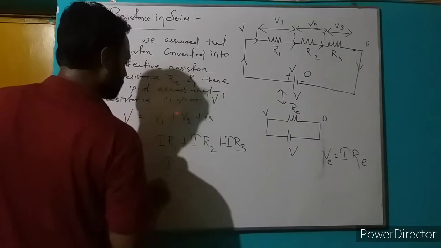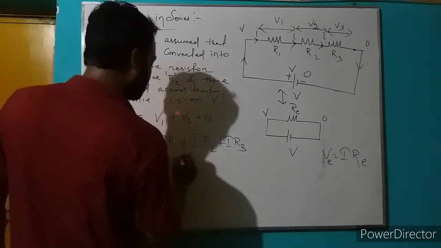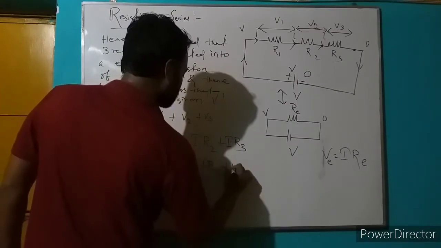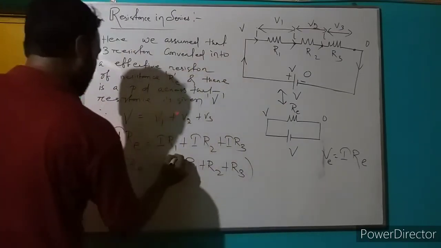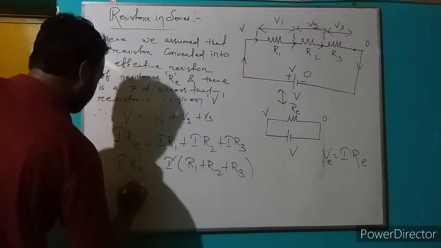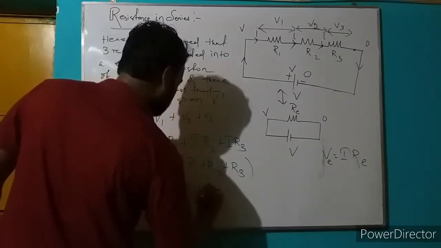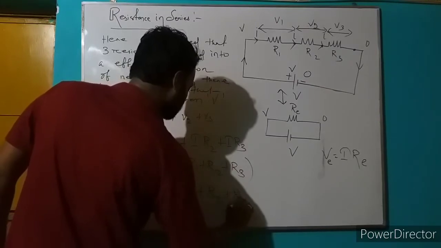So I is taken outside: I into (R1 plus R2 plus R3). That means I cancels out, so the net effective resistance equals R1 plus R2 plus R3.